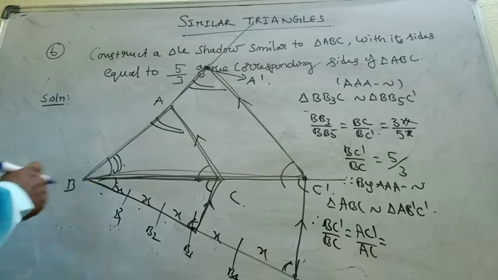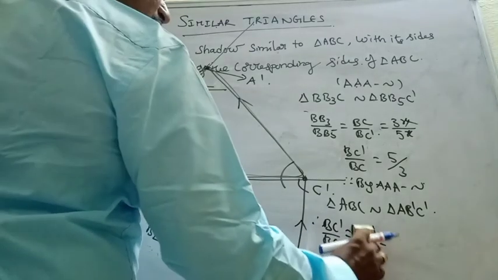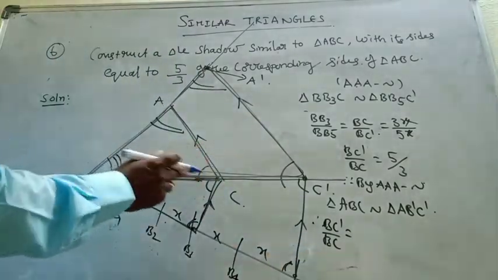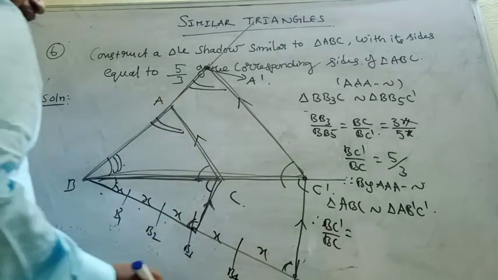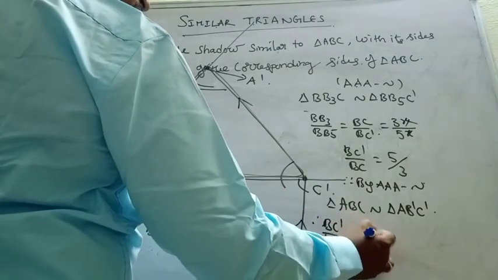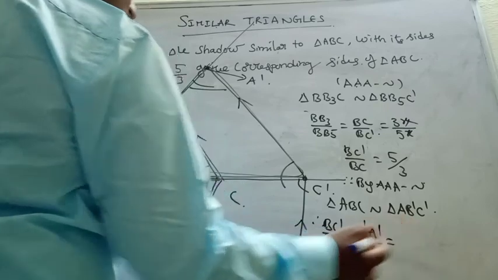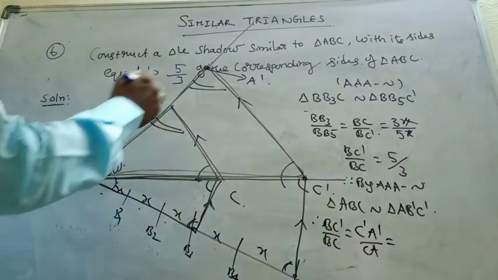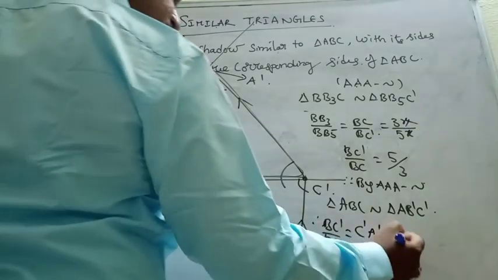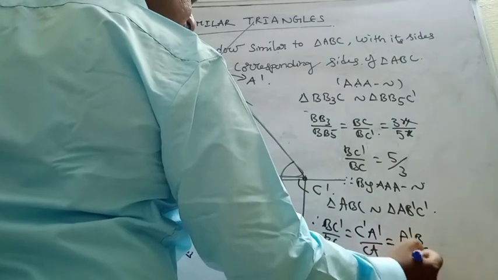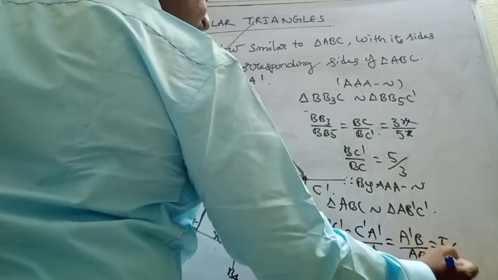Here, my dear students, what we are getting is BC' by BC is equal to C'A' by CA, is equal to A'B by AB, and that is equal to 5 by 3, right?